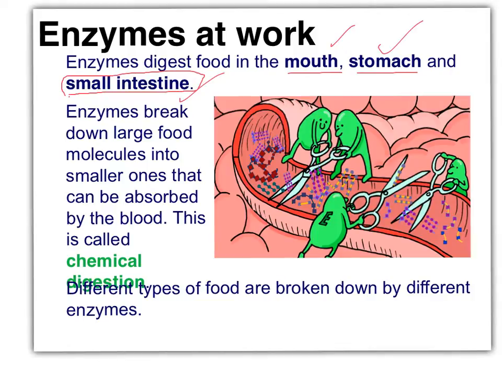So enzymes essentially break down large food molecules into smaller ones so they can be absorbed through the wall of the small intestine and into the bloodstream. And then the blood can carry around all those digested products around the blood and into the cells where they're needed. Now, this is chemical digestion.